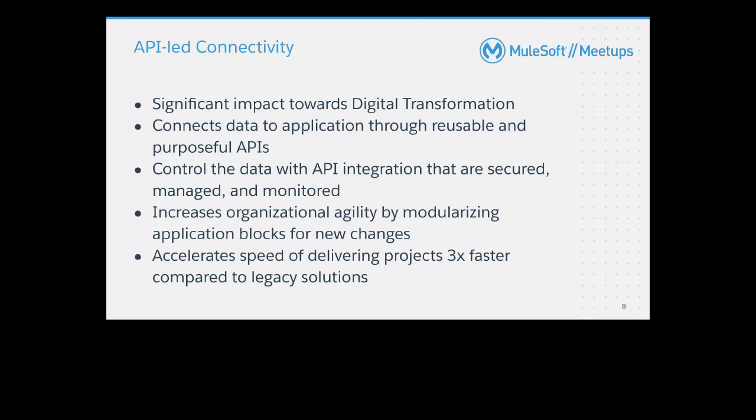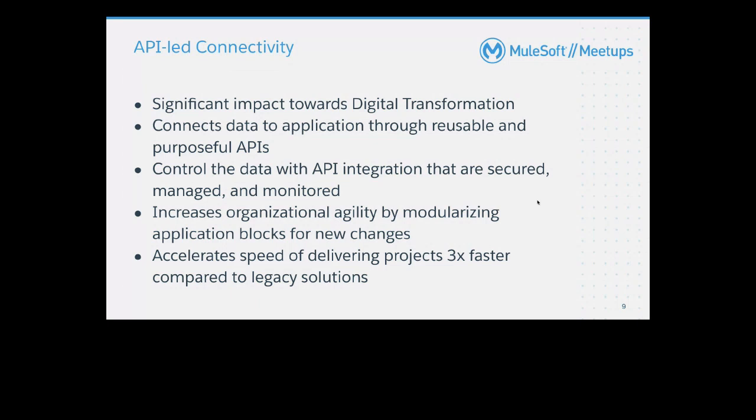The data flowing through these integrations is highly secure, managed, and monitored. It decomposes the application into reusable blocks that enable organizations to be more resilient to any upcoming changes with great delivery speed.